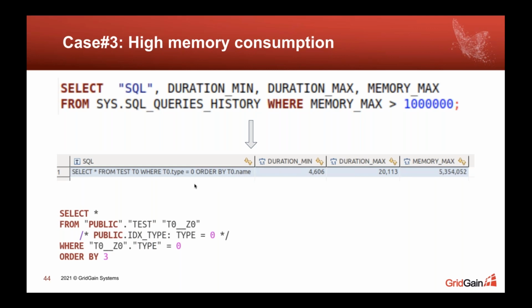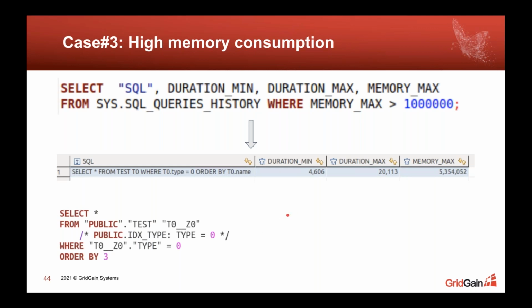Why does it consume a lot of memory and is kind of slow? Because in the execution plan, we can see that it utilizes IDX type to filter by type, but it makes sorting. So the sorting stuff is being grabbed to heap, and sorting is slow.